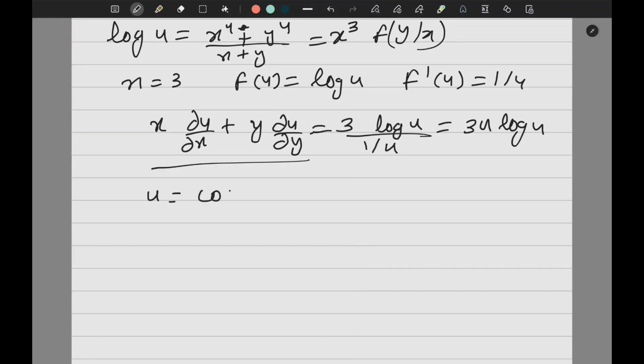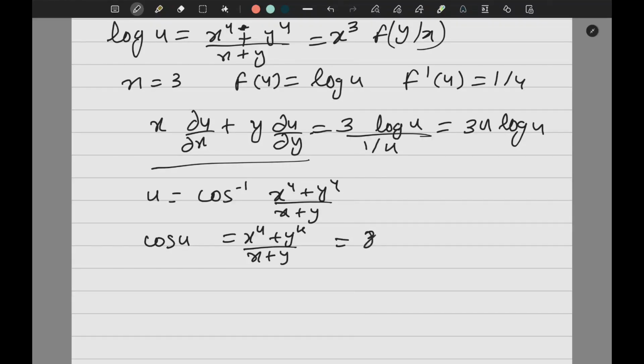Same question if I put it like this: u is equal to cos inverse of (x to the power 4 plus y to the power 4) upon (x plus y). Then what will you do? cos u is equal to (x to the power 4 plus y to the power 4) upon (x plus y), which is just now we did, x cube function of y by x.